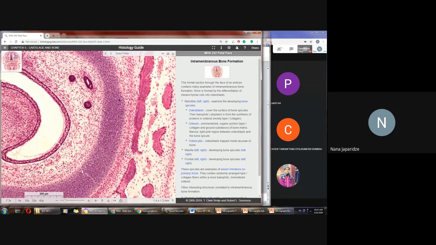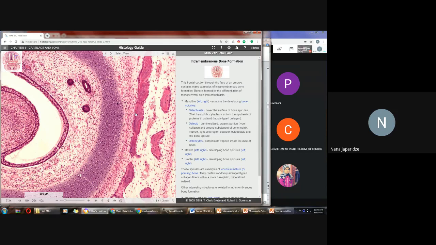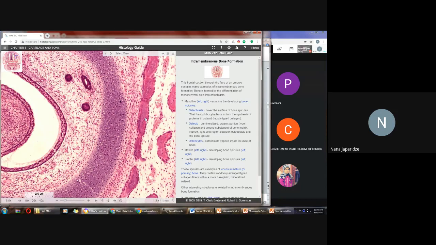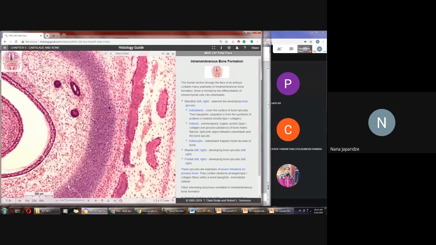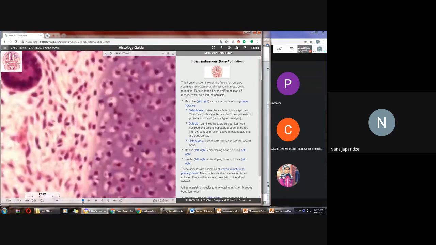So intramembranous ossification: a membrane-like structure of mesenchyme, dense layers of mesenchyme, and they give rise to the osteoblast cells, these mesenchymal cells.